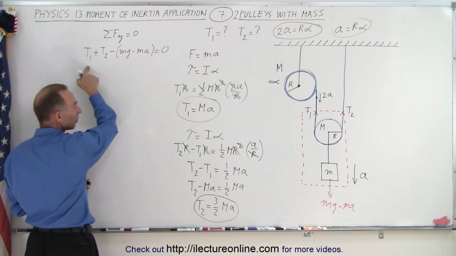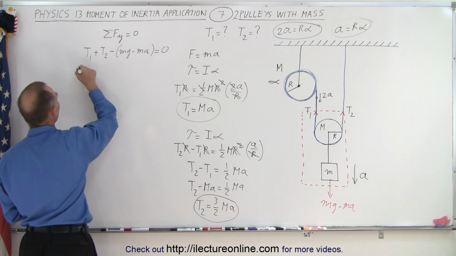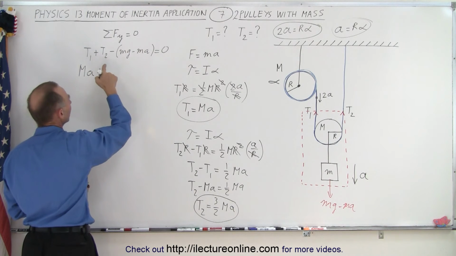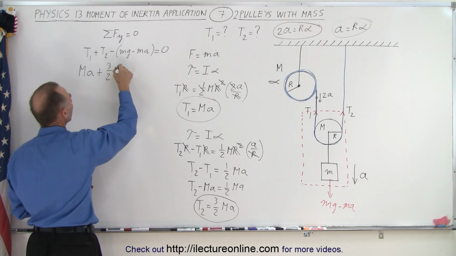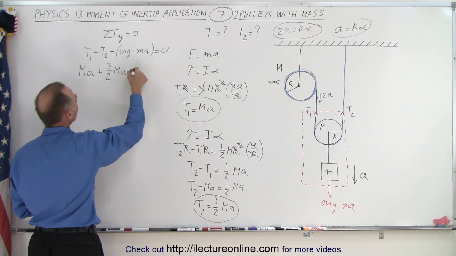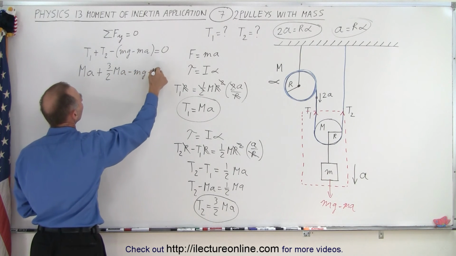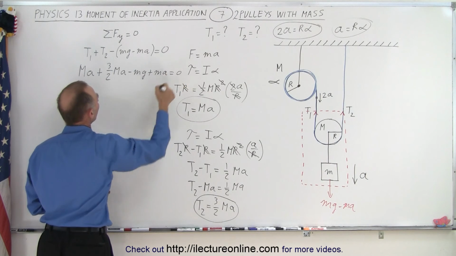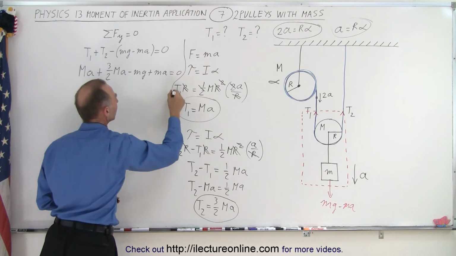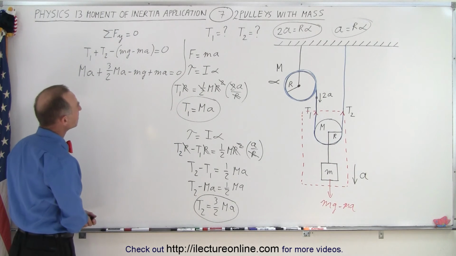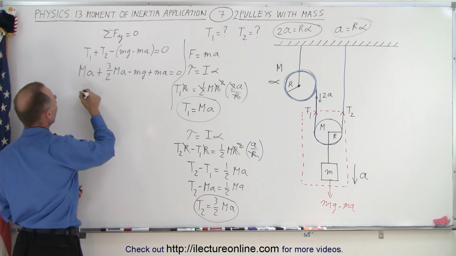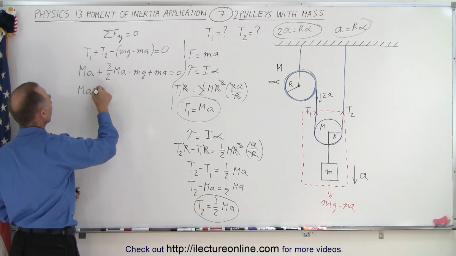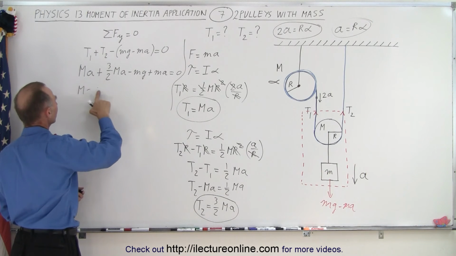So that means that T1, which is equal to MA, plus T2, which is 3/2 MA, minus mg plus ma equals 0. Now we need to isolate A. So we can write MA plus 3/2, actually I can combine those, right?